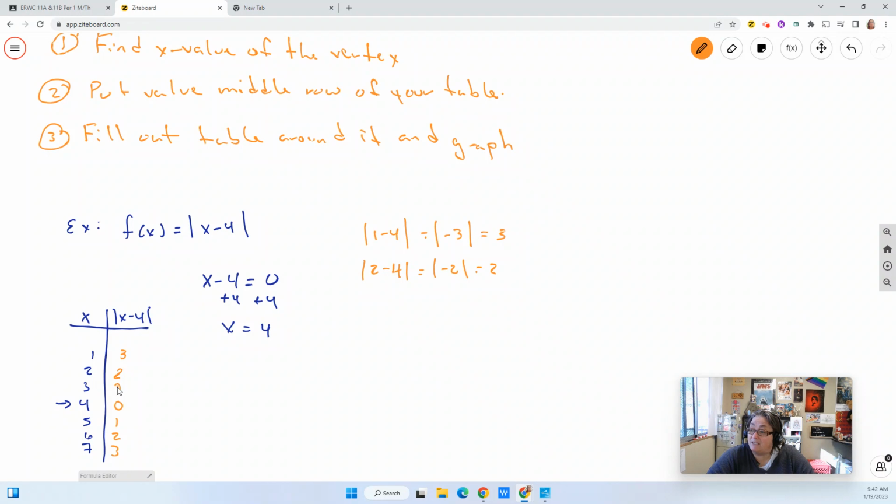And you can see the symmetry, right? You could see that 3 away from the top is 3. Here's our middle. And if I go up 1, I get a 1. If I go up 2, I get a 2. If I go up 3, I get a 3. And those are my distances, and they are symmetric.